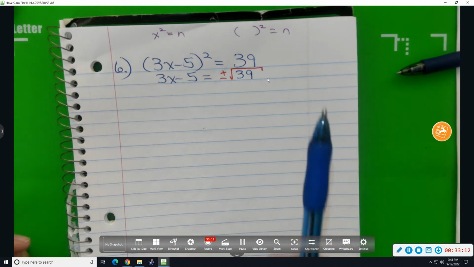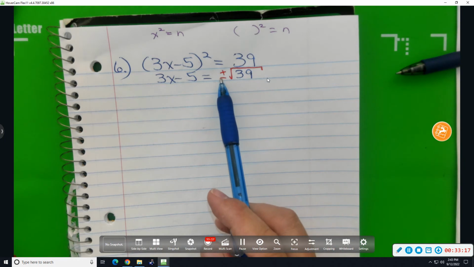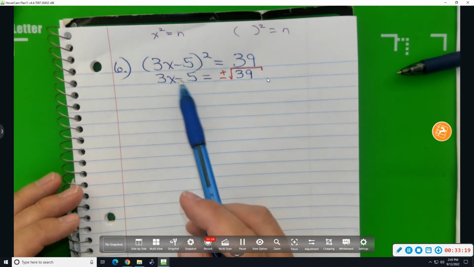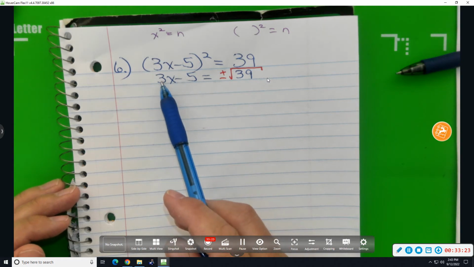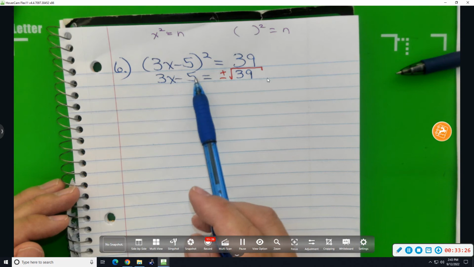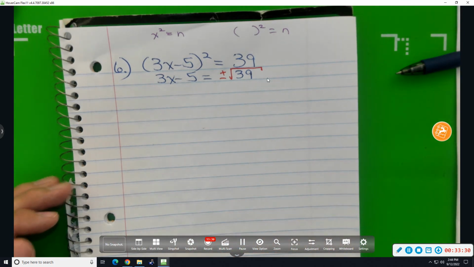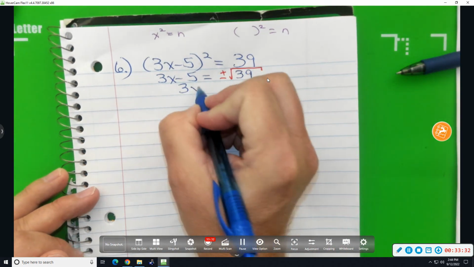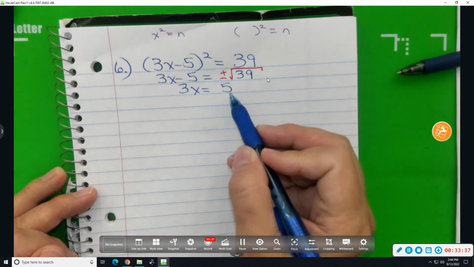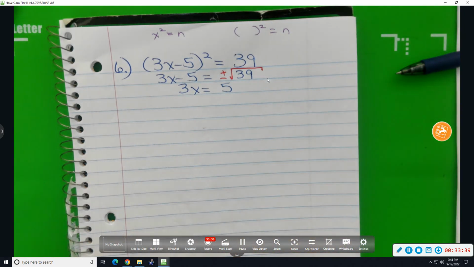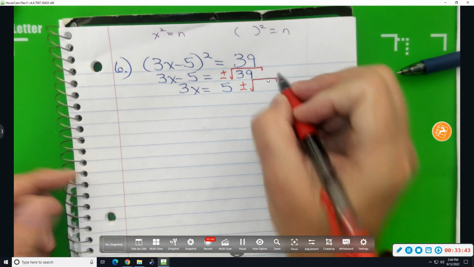Well, here's what I'm going to do. I'm going to work with that plus minus as if it was just a single plus or a single minus. I want to get this x by itself. We got to get rid of the 5 and the 3. What will we do first to get that x by itself? Add a 5. So we have 3x equals 5 plus or minus the square root of 39.